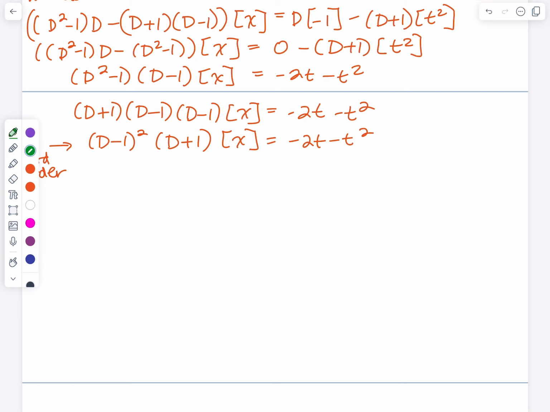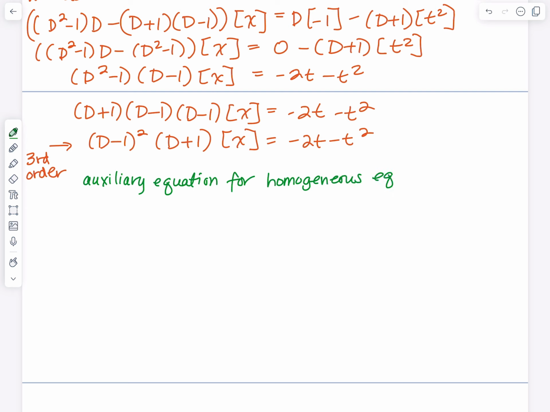So our corresponding homogeneous equation has, so let's look at our auxiliary equation, we have (r minus 1) squared multiplied by (r plus 1), which is equal to 0.